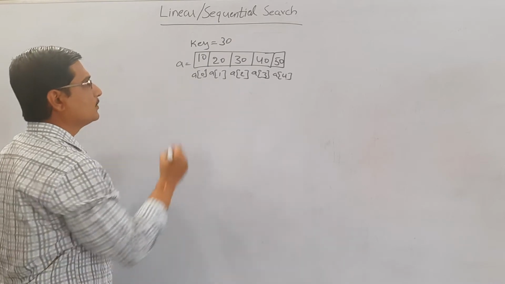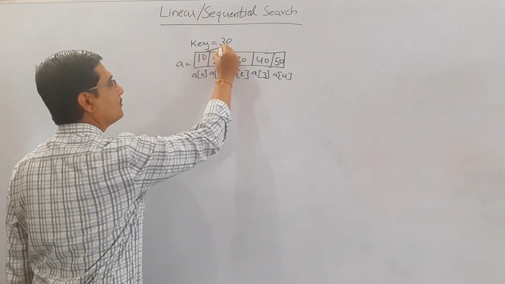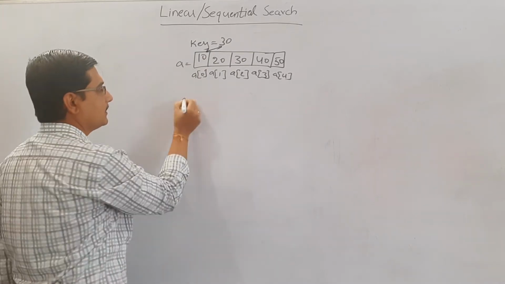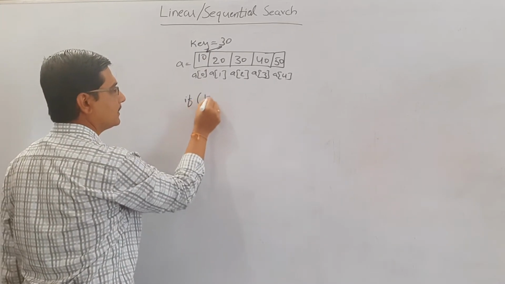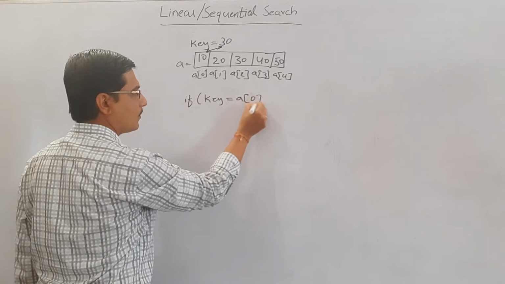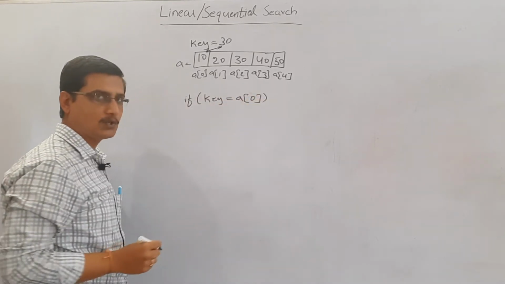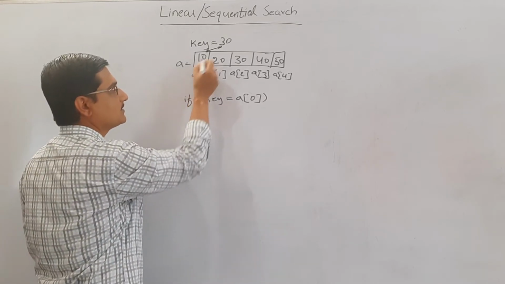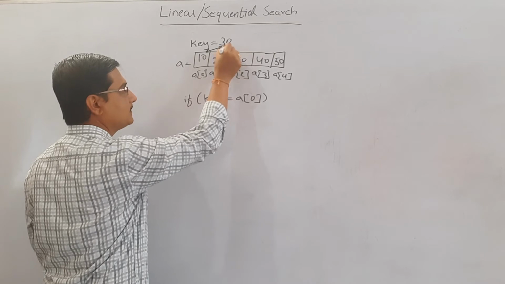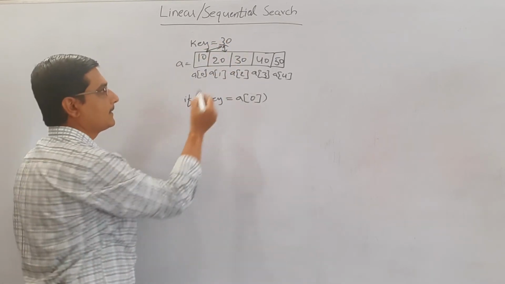We are going to match the key with the first element. Is there any match? If key is equal to A of 0, is it true? No, there is no match. This is 10 and this is 30. So, we go on to match the key with the next element.